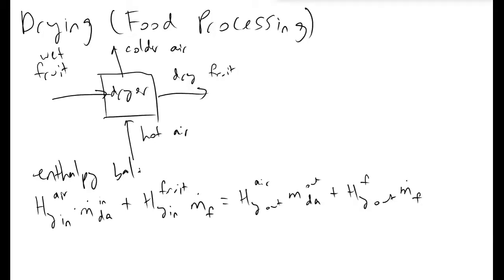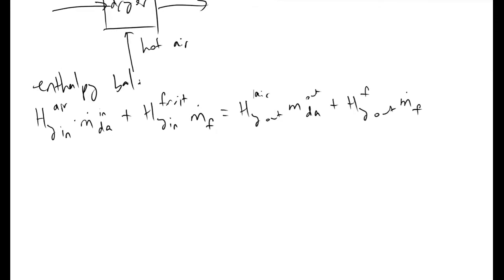And the reason we can make this equation is because we are saying that energy is conserved. So this is just another way of saying that the enthalpy in has to be equal to the enthalpy out.